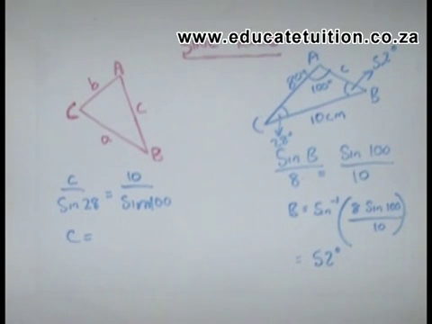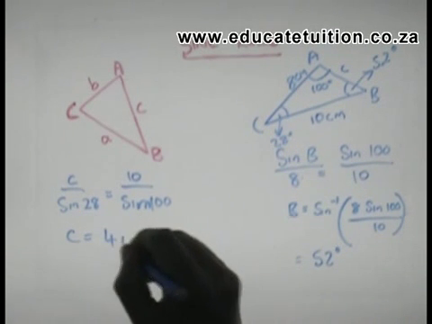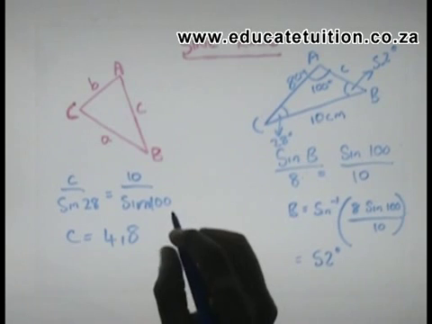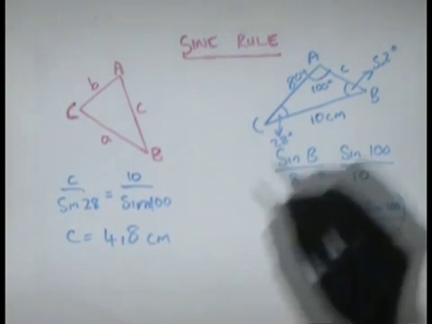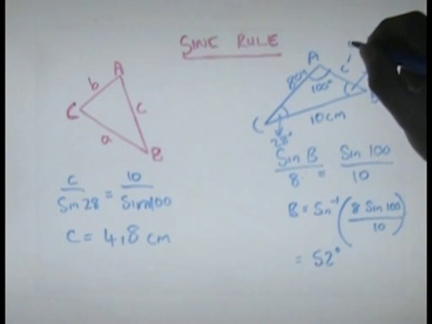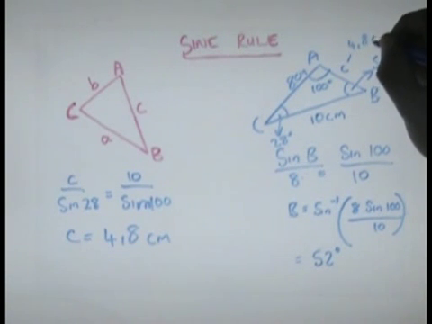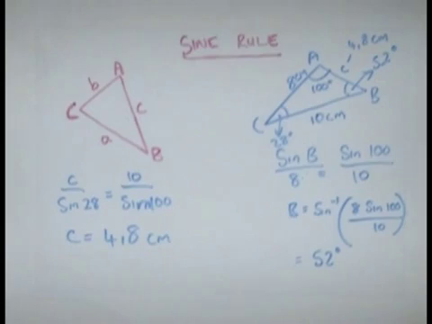10 times sine 28 is equal to 4.7 divided by sine of 100, which is going to give me an answer of 4.8. 4.8 units, or rather centimeters. So C is equal to 4.8 centimeters, rounded off to 1 decimal place.